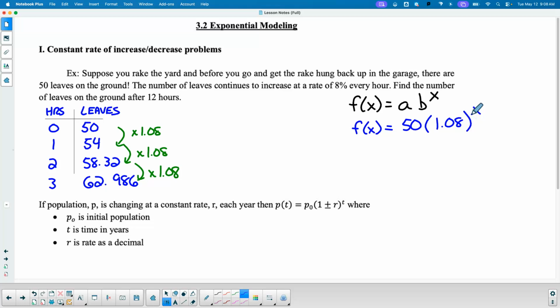So if I want to find the number of leaves on the ground after 12 hours, I'm going to find f of 12 by plugging in 12 for x.